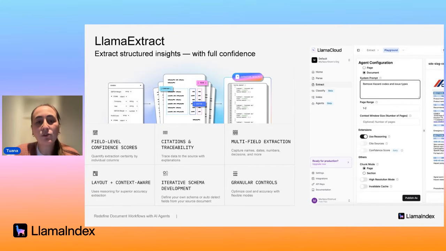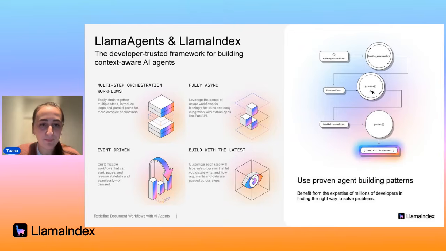We recently also added citation and reasoning to LlamaExtract, which allows you to make sure that what has been extracted is what you expect to have been extracted, and it allows you to just check that everything is accurate.